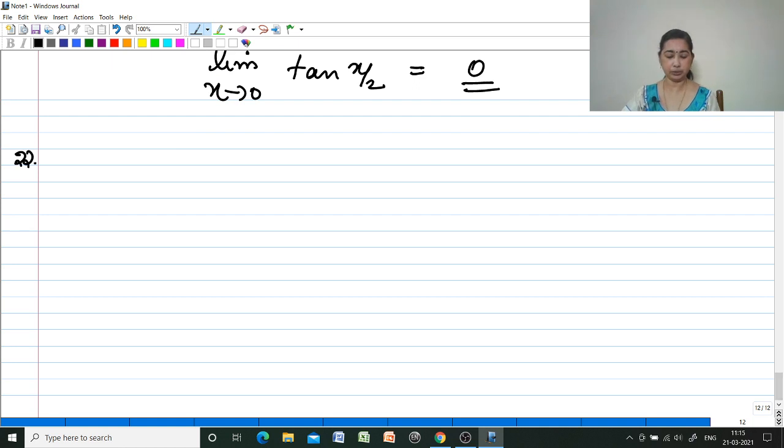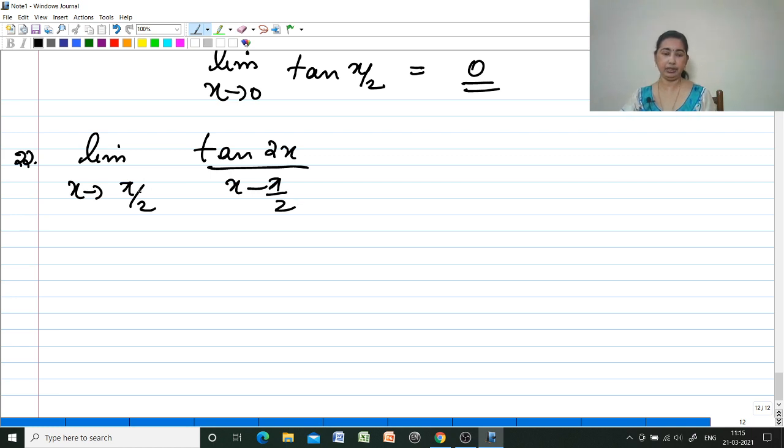Now next one, question number 22. Limit x tends to pi by 2 tan 2x by x minus pi by 2. So if I am giving the value for x as pi by 2, 2 into pi by 2 means tan pi is 0, denominator also 0, so it is in the 0 by 0 form.